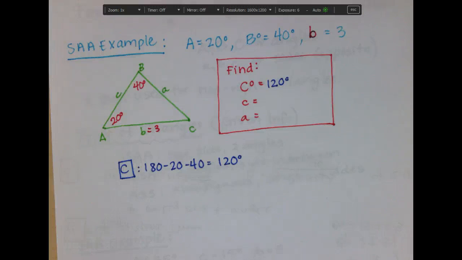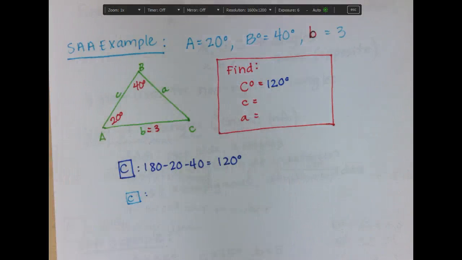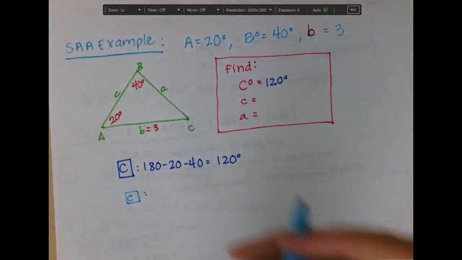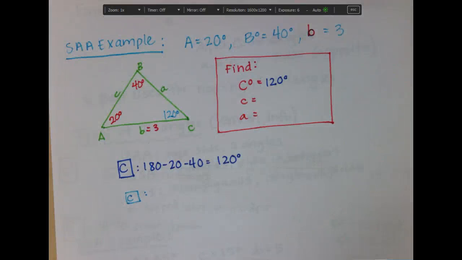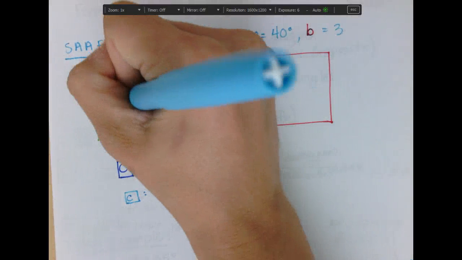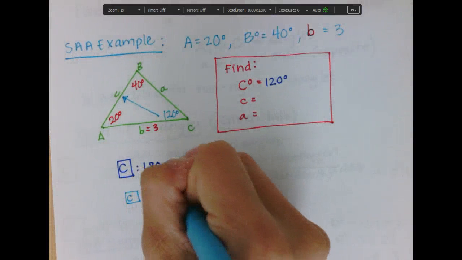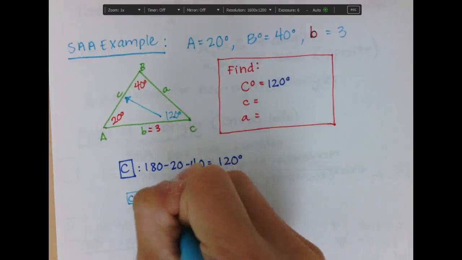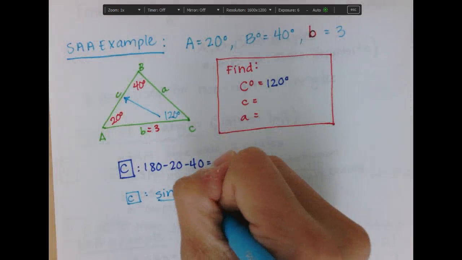Now that we've done that, we need to find the other sides. So I'll start with side C. Now we just found out that the angle at C is 120 degrees, and our opposite side, lowercase c, means that we can write a ratio that guarantees that the variable we're trying to solve is actually in it.